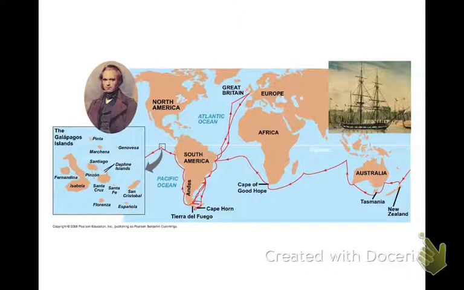He was not very rich, and he initially wanted to be a clergyman. He also joined medical school, and then he felt that none of these things interested him, and almost at the last minute he signed up to be a companion to the captain of the ship, the HMS Beagle.